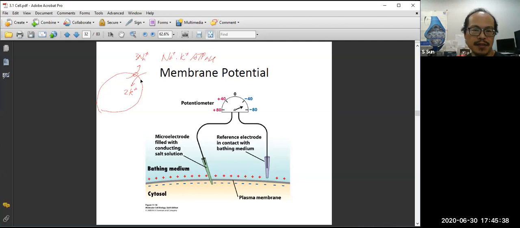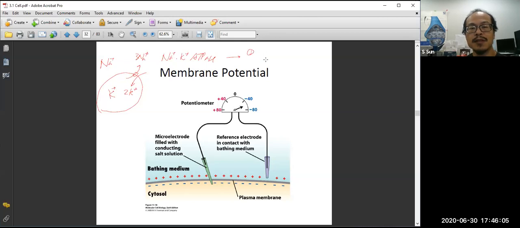One is that because we pump potassium in and pump sodium out, we will have a lot of potassium here and a lot of sodium out there. So this will create the compartments of sodium and potassium. More potassium inside, more sodium outside. So that's one consequence.